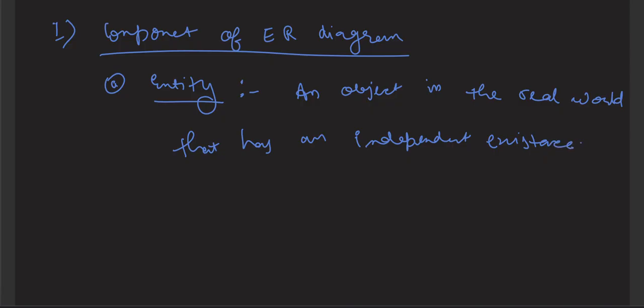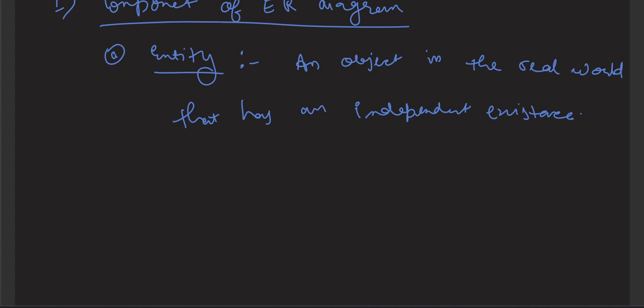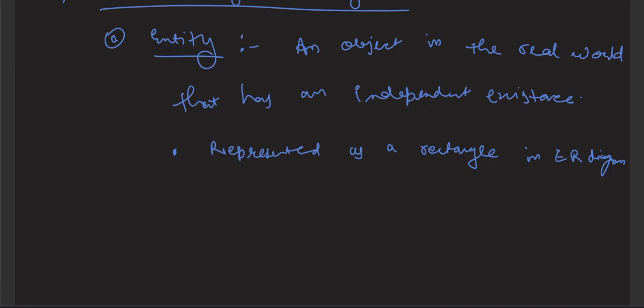Okay, so just note some points. It is represented as a rectangle in an ER diagram. Okay. And examples are a student, course, and teacher. So these all can be entities.